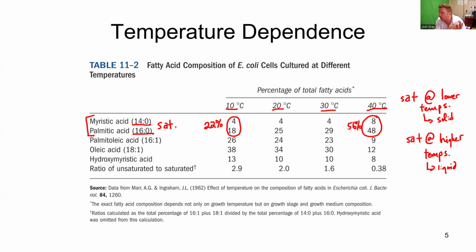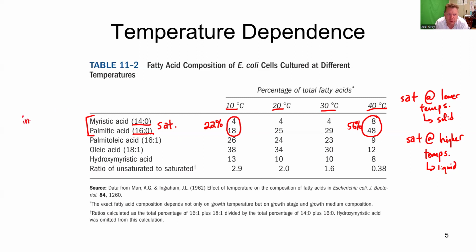And then if you crank the temperature way up, you're going to have a higher percentage of those fats that are a liquid. And then at a lower temperature, if you crank it way down, the higher percentage that are solids.